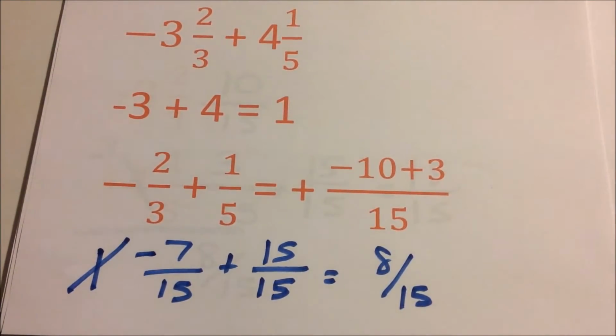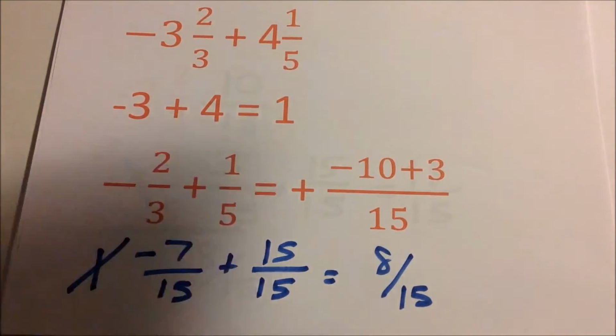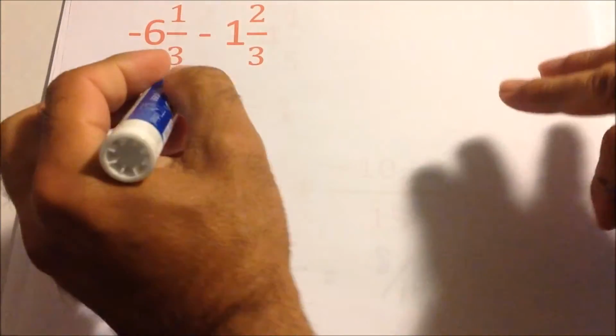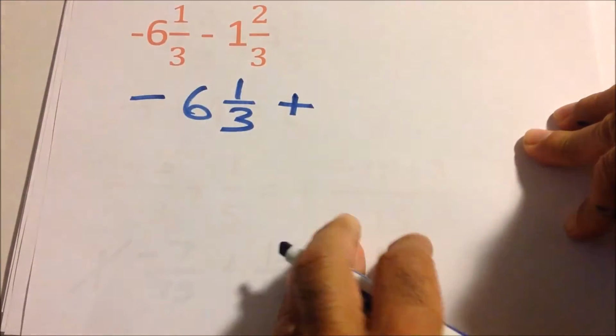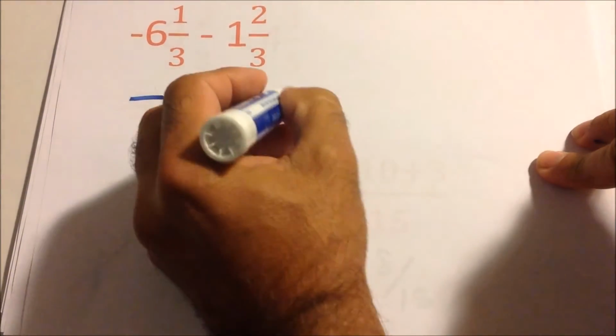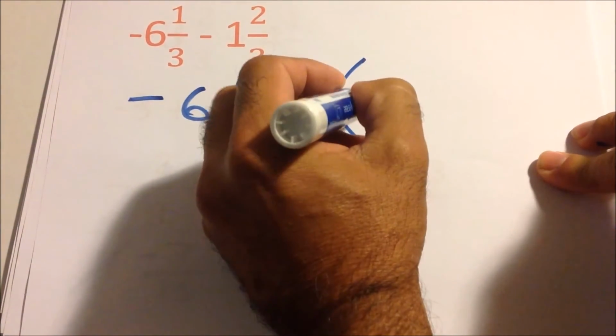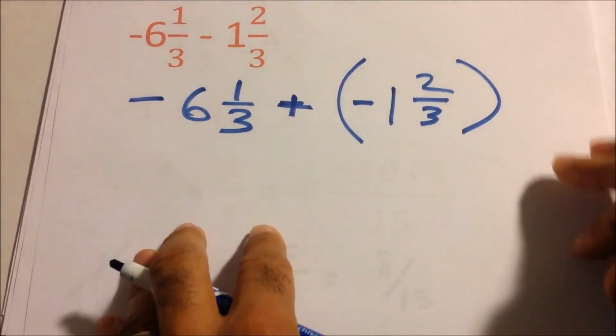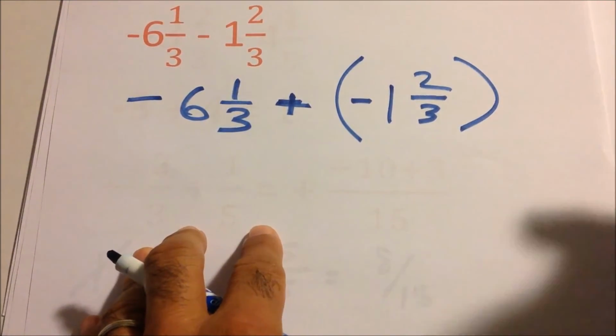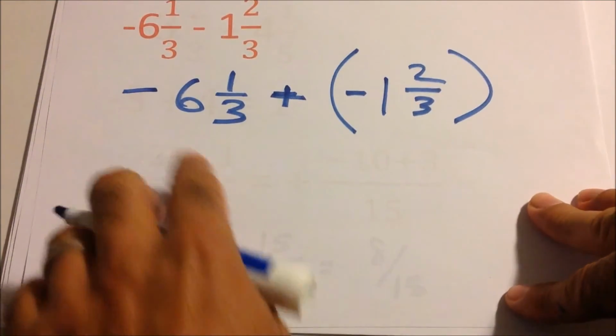So let's try, see if you can do this one. It's subtraction. So the first thing you should do when you see subtraction, to make it easier, is keep, change, change: always change it to plus. And then this becomes a negative 1 2/3. So now they're both negative. So let's do the whole numbers.